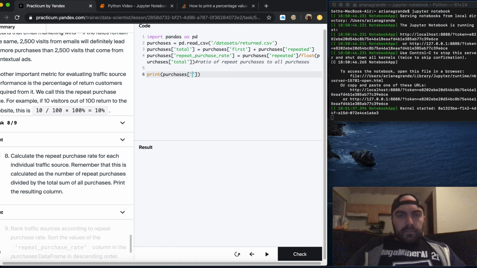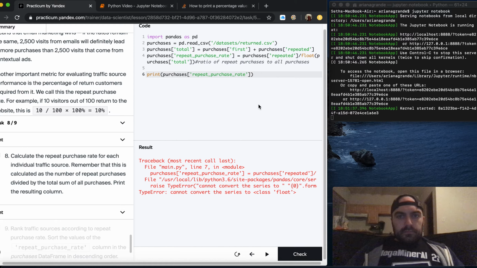Purchases repeat purchase rate. So maybe we cast the, let's see.